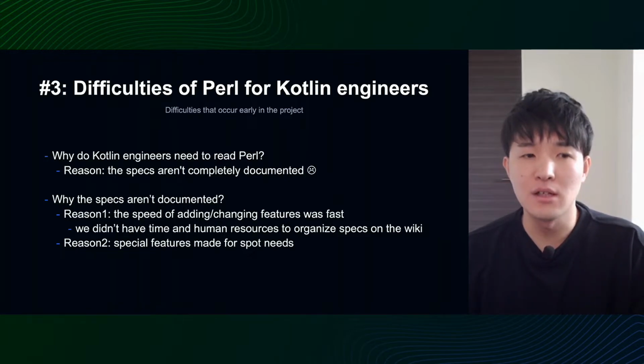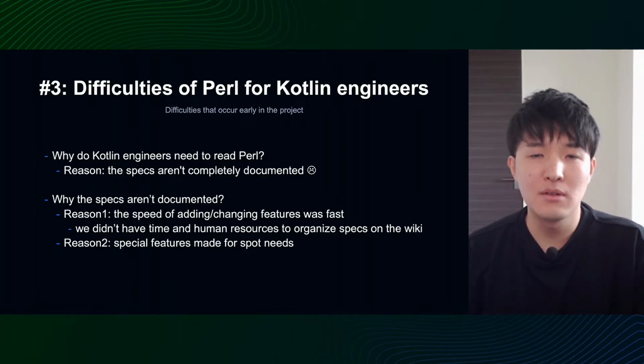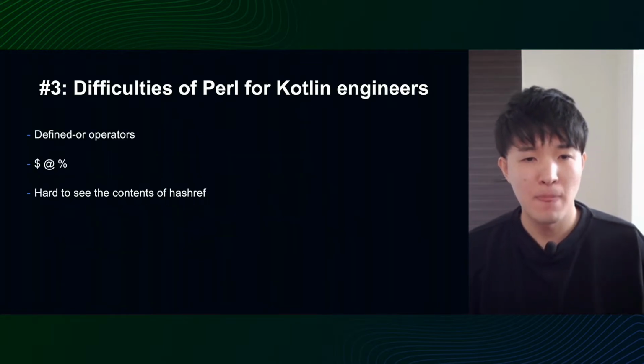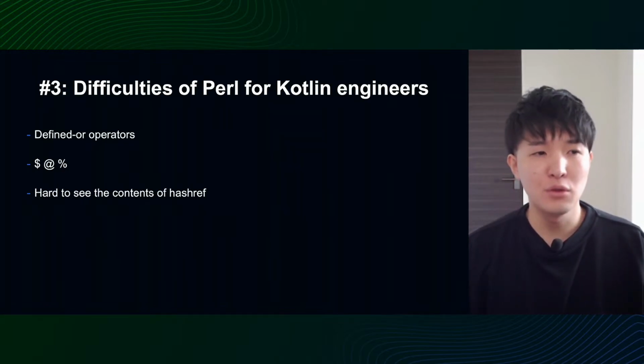This can happen to any product. Sometimes you cannot avoid it, but documentation is something that you really should spend sufficient time on. In this project, we began documenting specifications.